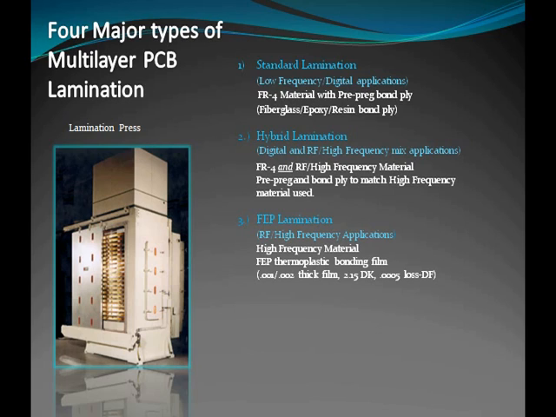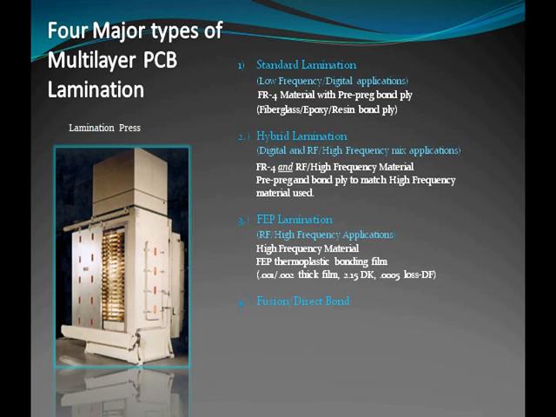It has a dielectric constant of 2.15 and a dissipation factor of 0.0005. FEP film is very high performing, but is expensive and very challenging to use for manufacturers. For this reason, very few PCB manufacturers offer this option.